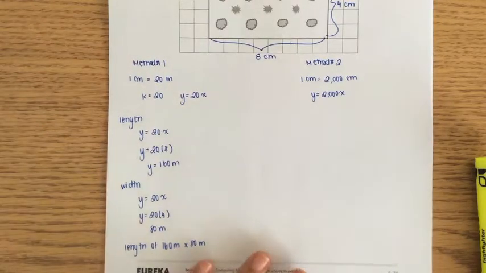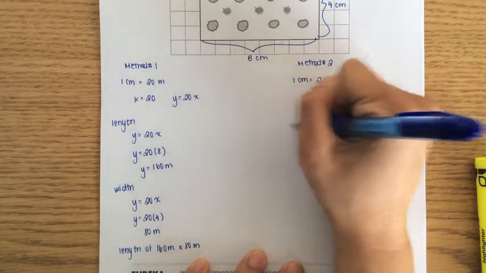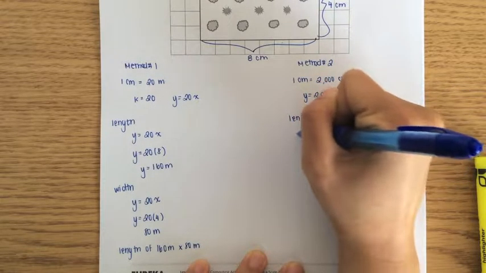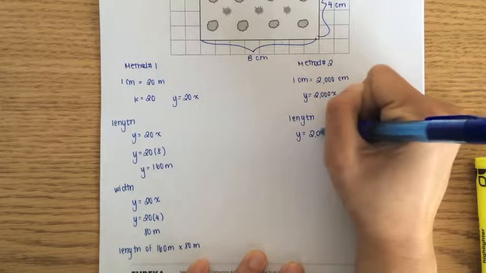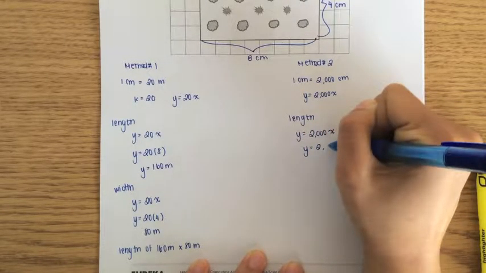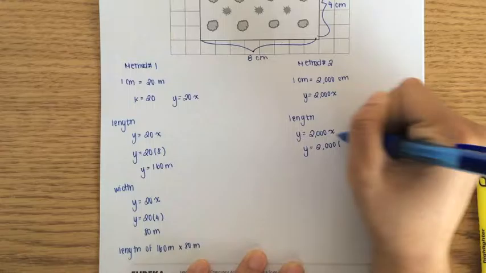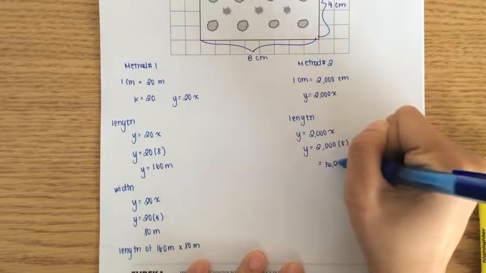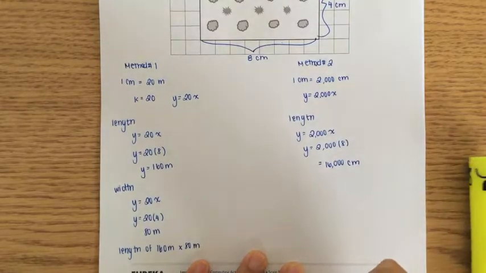Now, we're going to do the same exact thing for method 2, but this time everything is just going to be in centimeters for us. So for our length, using y equals 2,000x, replace our x with 8, and that should equal 16,000 centimeters.